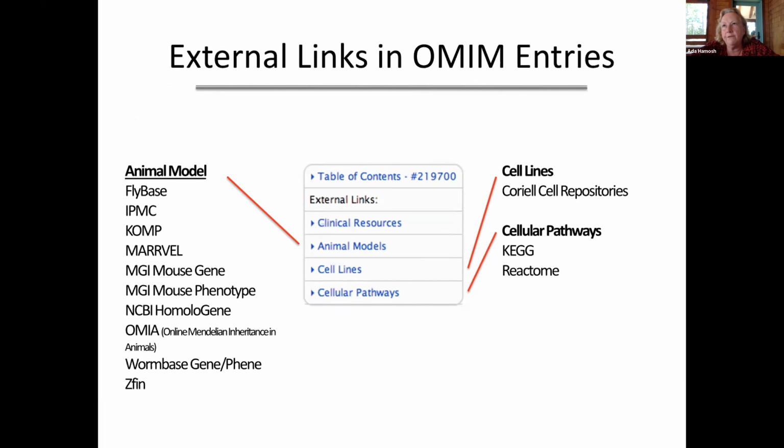We for sure keep track of morbid genes, and then we keep track of other genes whose function is known. We don't have all genes, because some genes have no known function and aren't implicated in disease, and we're not going to make a shell entry. We're not looking to do that. And I can show you a couple of things of how to look at that in a moment.